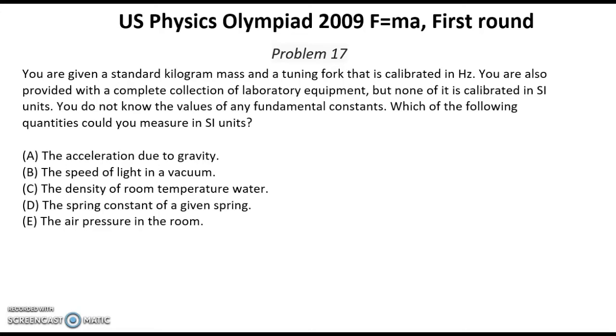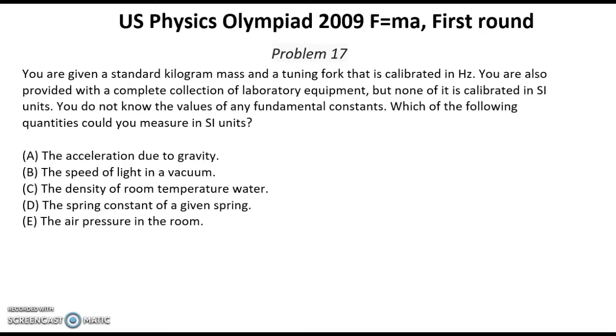You are given a standard kilogram mass and a tuning fork that is calibrated in Hertz. You are also provided with a complete collection of laboratory equipment, but none of it is calibrated in SI units. You do not know the value of the fundamental constants.